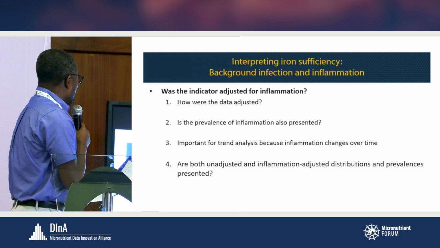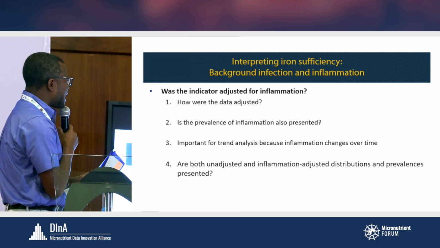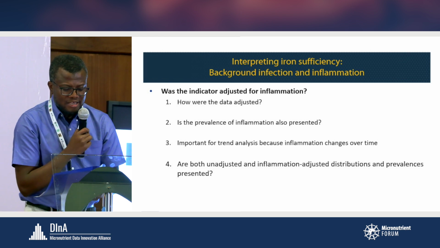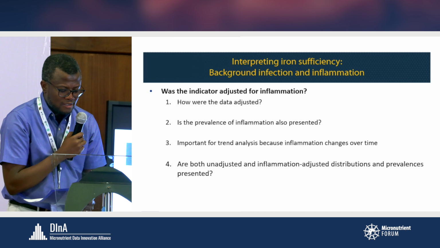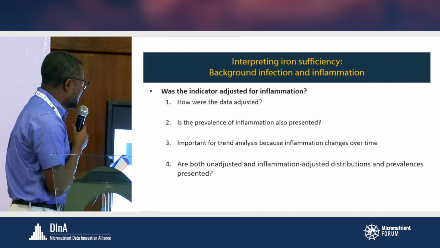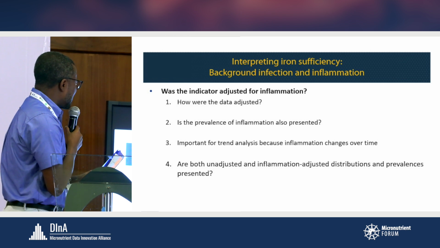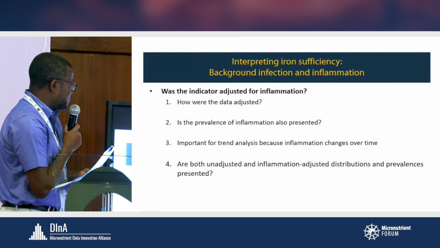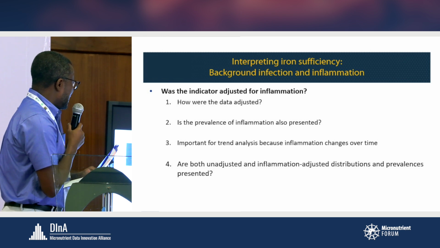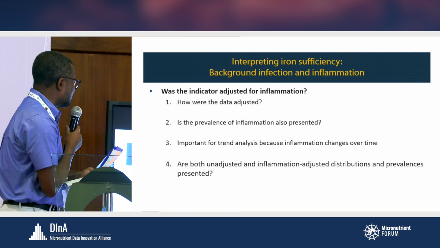So when we are interpreting iron sufficiency, if we say a child is iron deficient or not, a few questions come to mind. The first thing, based on the WHO guidance, is: was the indicator adjusted for inflammation? And then how was the data adjusted? These are just a few examples.